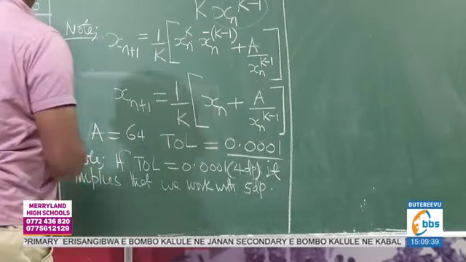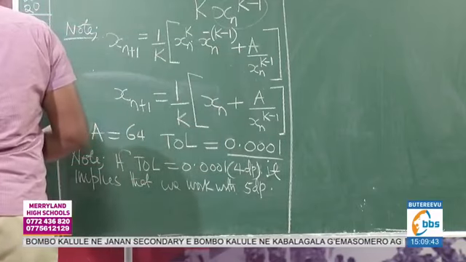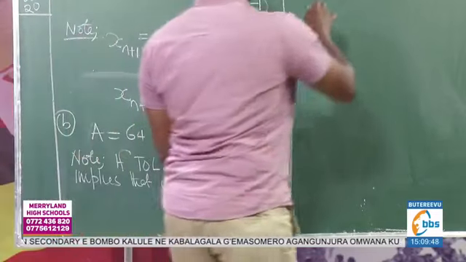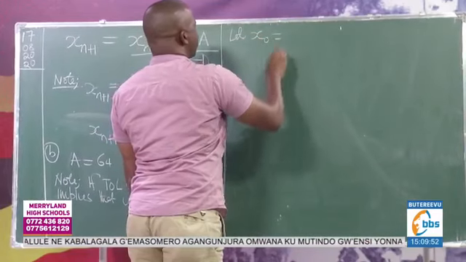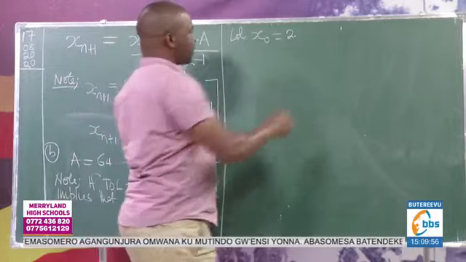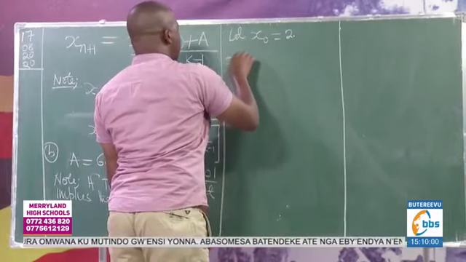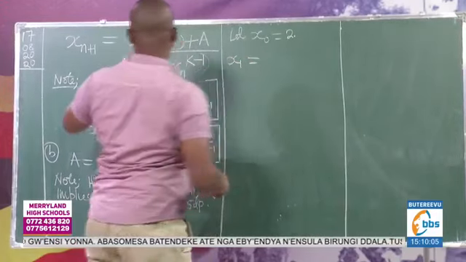Our A is 64, our tolerance is that, and we can choose to take our first approximation as 2. If we let our x naught be 2, we shall work steadily using our formula to find the first approximation here.